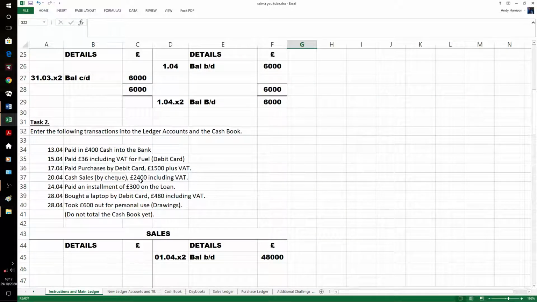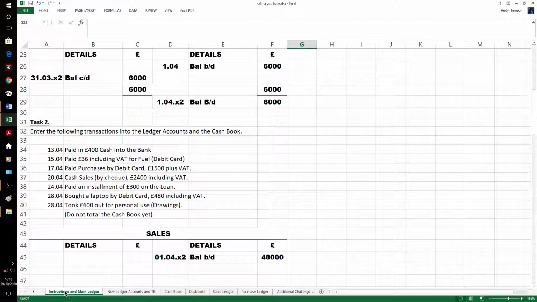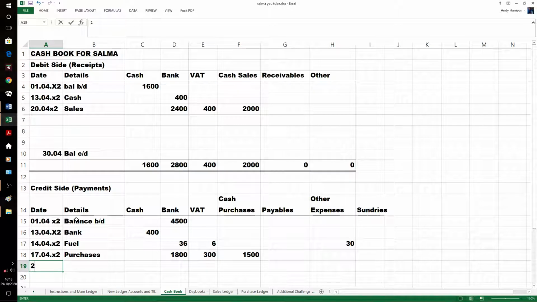And an instalment of £300 on the loan. That's money coming out. Forgot to pick up the date. What did we say? The 24th. Always going to come out of the bank. No particular other column for it to go, so just have to stick it in sundries.